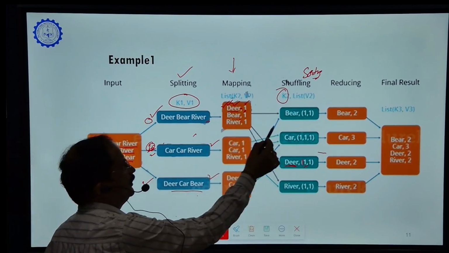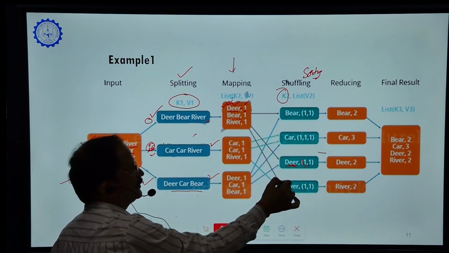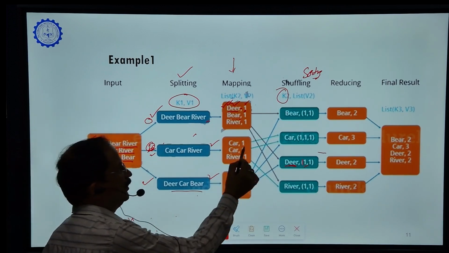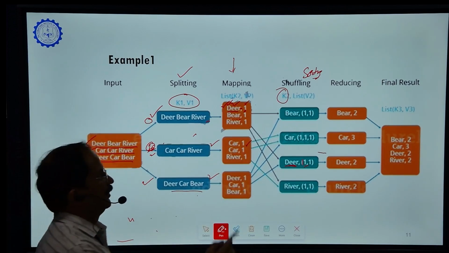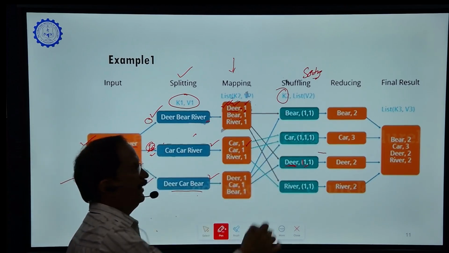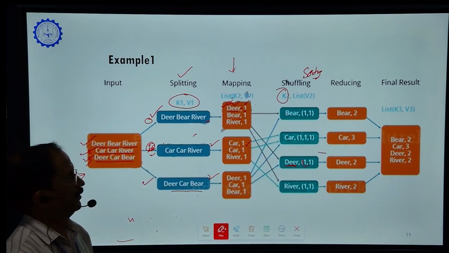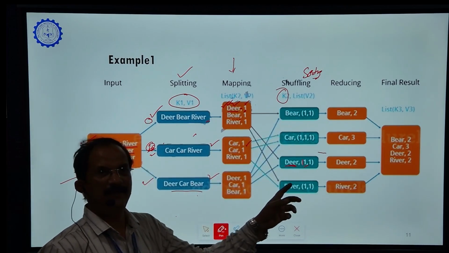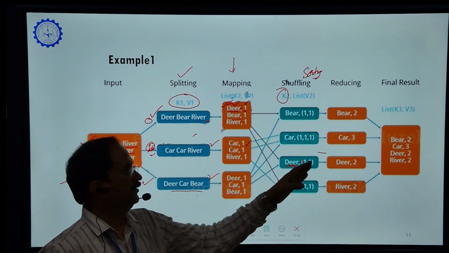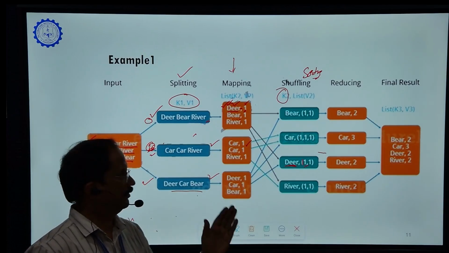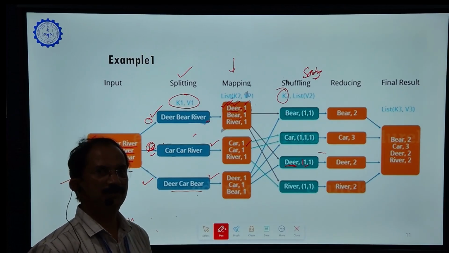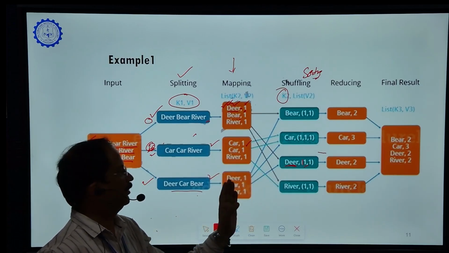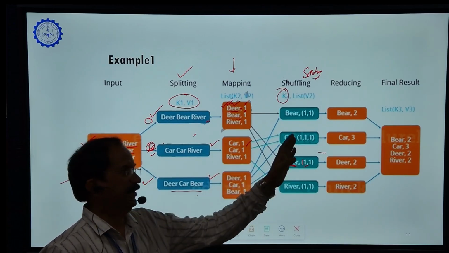The second one, river, again creates its own entry. The third one is car 1. It will check during the shuffling whether the same name exists anywhere. If yes, then it will add one more count in the list, and a second and third count if a token is repeated.